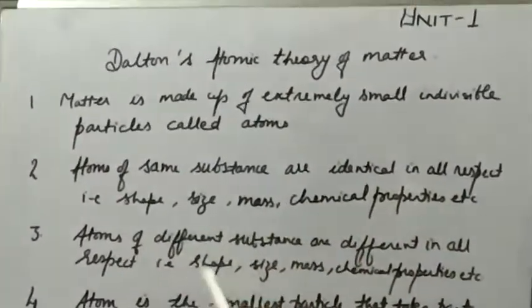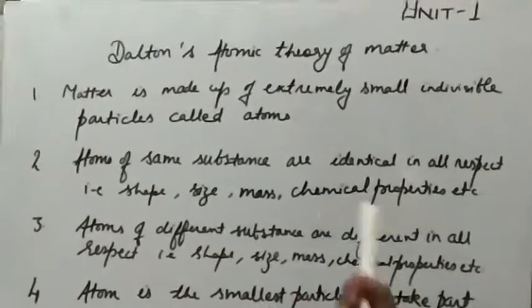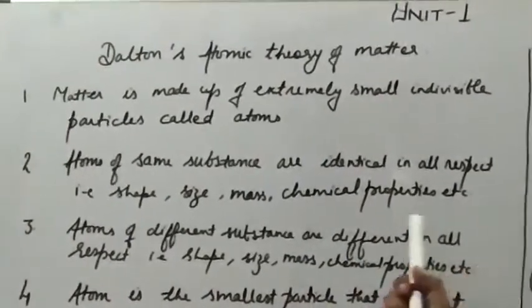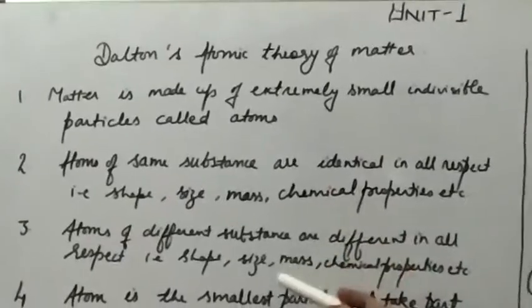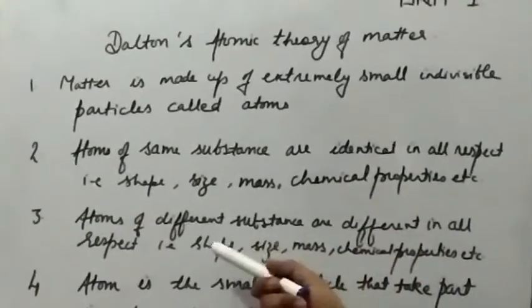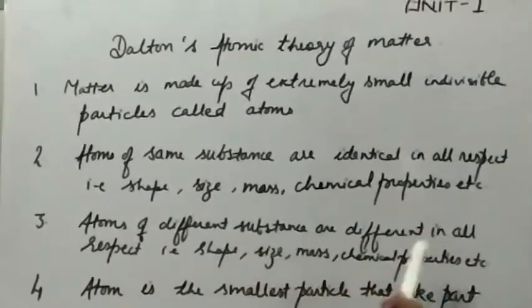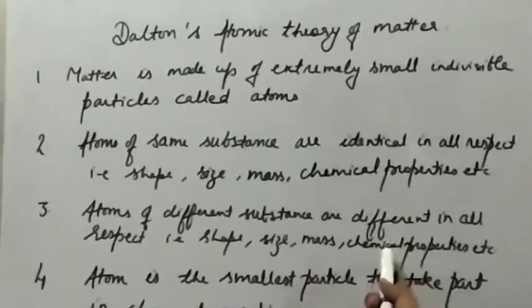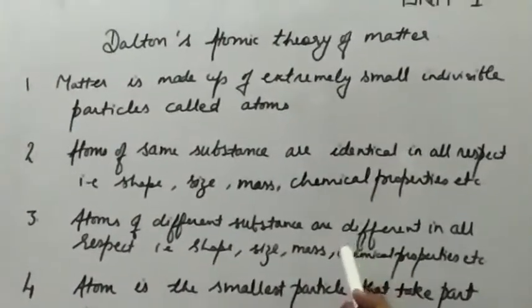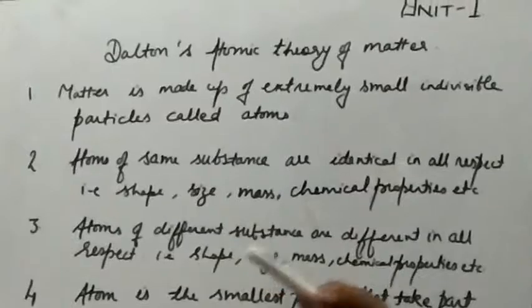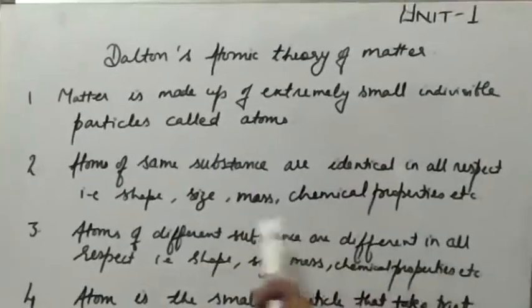Iron atoms will be of different shape, different size and different mass and will show different chemical properties. The oxygen atom will also have different shape, size, mass and chemical properties with respect to iron. Even if we take two elements which are metals, they will also differ in these respects, right?